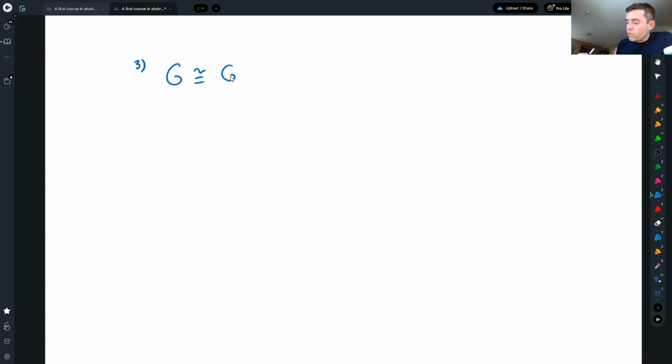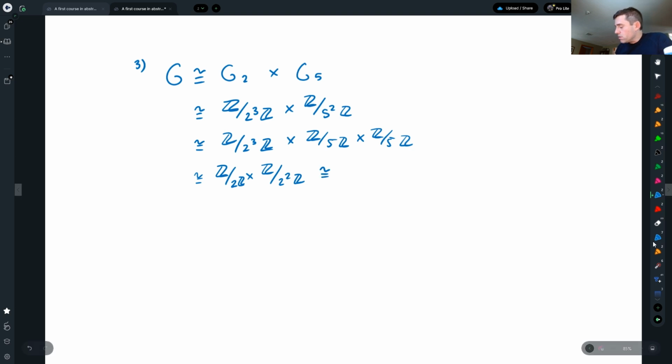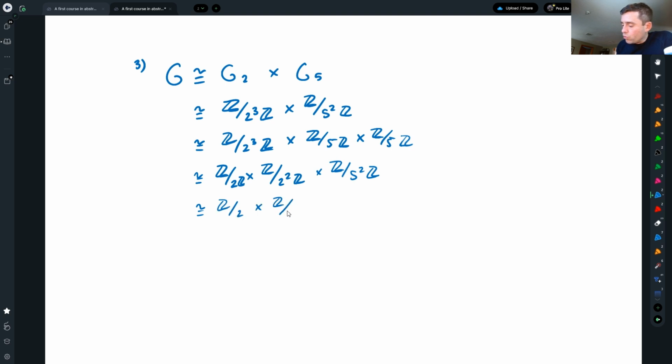G will be isomorphic to the 2 primary component times the 5 primary component. So the possibilities are I can have Z modulo 2 cubed cross Z modulo 5 squared, or the other possibility for the 5 primary component, which would be Z modulo 5 cross Z modulo 5. Now, another possibility for the 2 primary component is Z modulo 2 cross Z modulo 2 squared, times Z modulo 5 squared, or Z modulo 2 cross Z modulo 2 squared cross Z modulo 5 cross Z modulo 5.